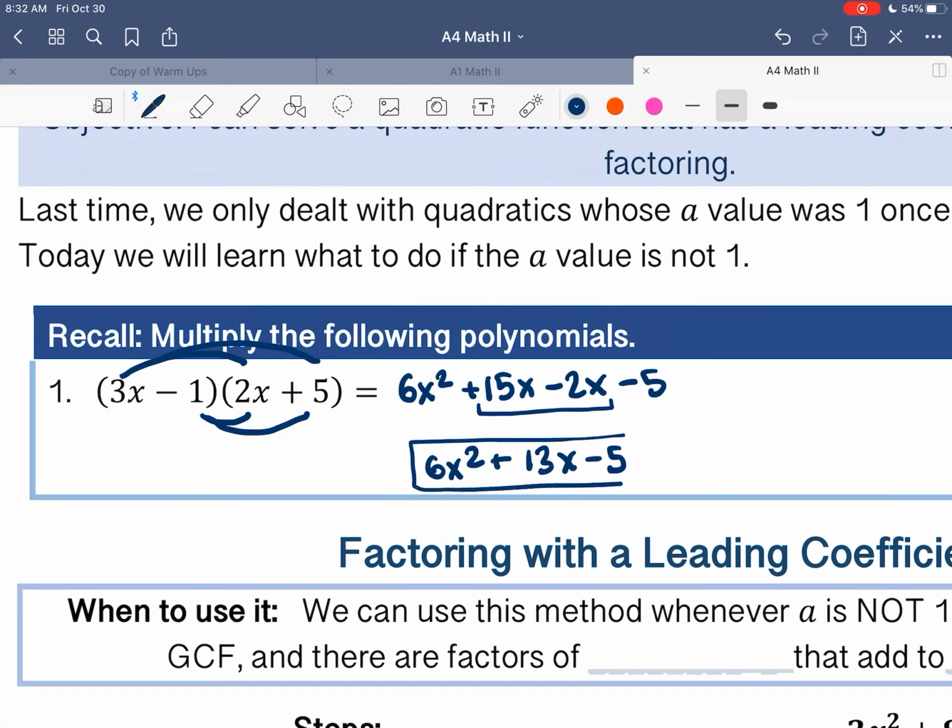So this does not follow the pattern that we learned last time. Remember how we were finding how to factor things by finding things that multiply to the end number and add to the middle number. But notice that this one stops following that pattern.